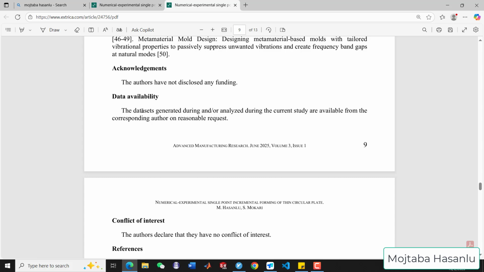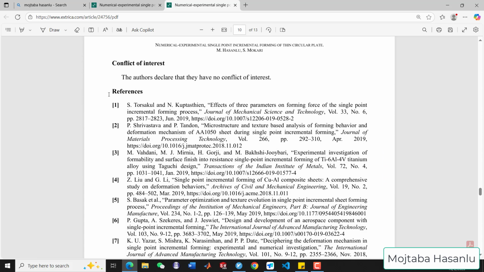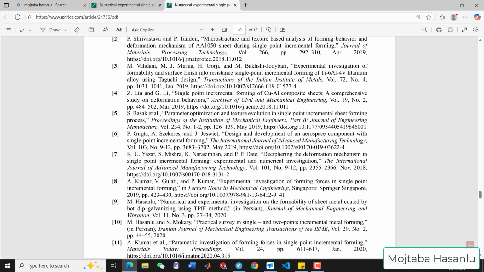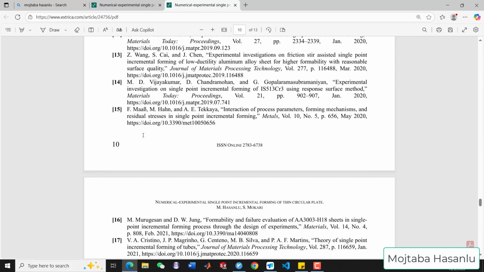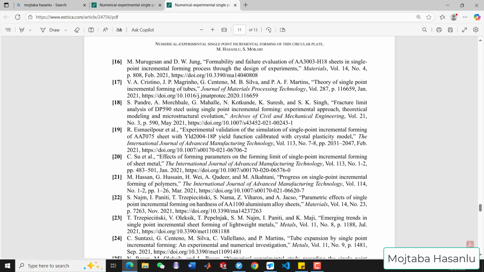Maybe you don't need to say about acknowledgements. So the last part is references. In the bibliography or reference list, you can list all citations in these research papers.